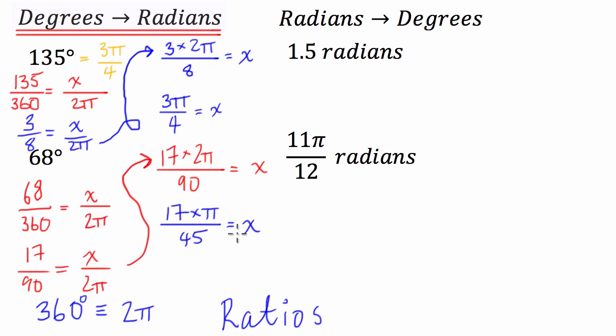We could actually leave it as that, to be perfectly honest. We could say that x is equal to 17 pi on 45 radians, if you wanted to leave it as an exact answer, but sometimes it's worth it to convert it to an approximation. They're fairly accurate approximations because you can go to as many decimal places as you want. I'll go to 3. So this is just going to be 1.187 radians.